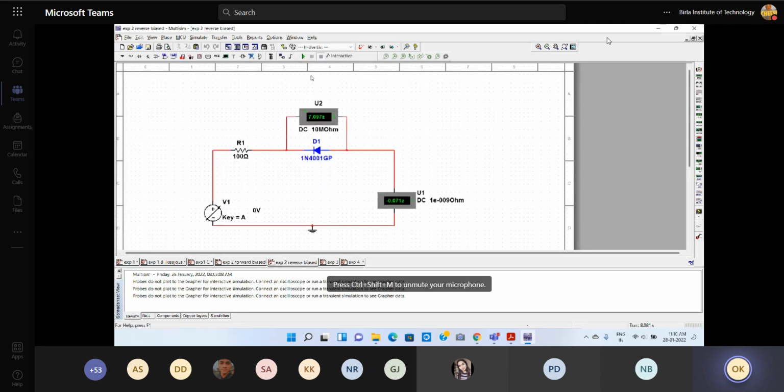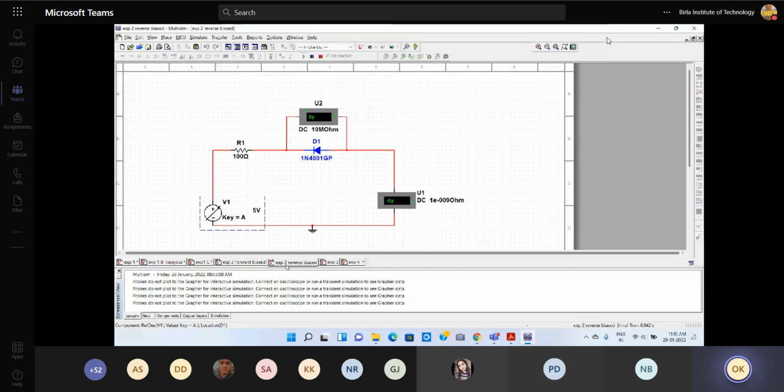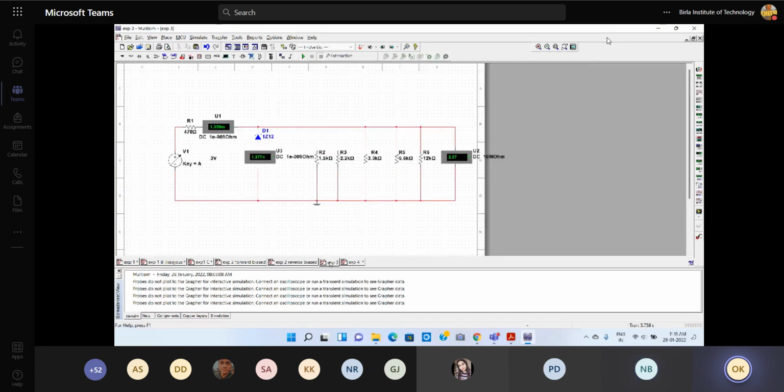This is reverse biased. And this is experiment 3.